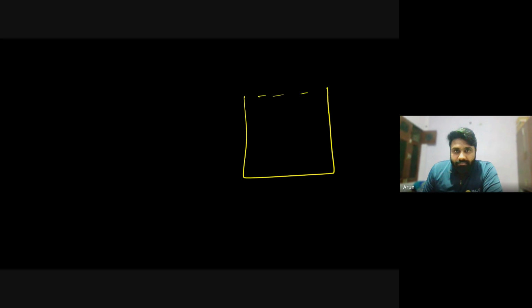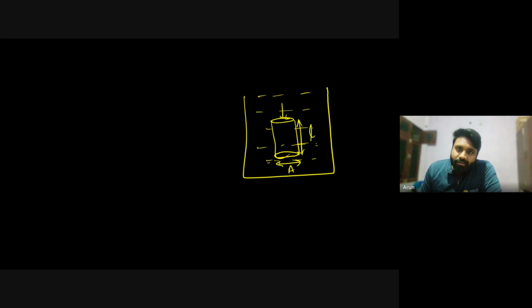So for example, how does this come? Suppose this is a bucket full of water and we take a cylinder inside it of length L and base area capital A. Okay, so the pressure acting on this surface will be P1, and let's say the pressure acting on this face will be P2.